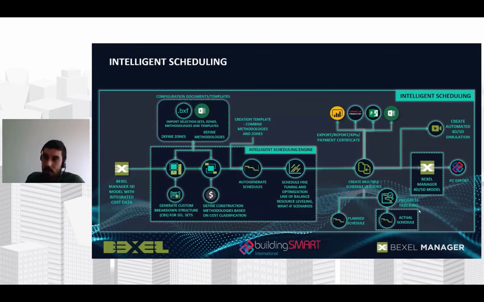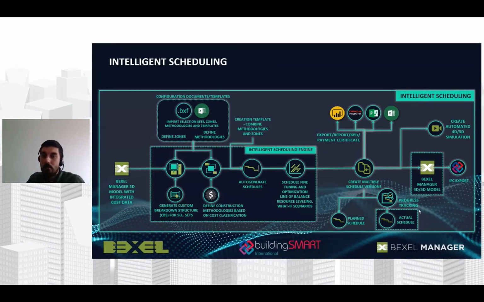So what you're doing, you're defining what we call zones and methodologies. You as a user just define these levels of project organization, combine them into a creation template, and based on this template, the computer just auto-generates the schedule with all the tasks and all the relationships.